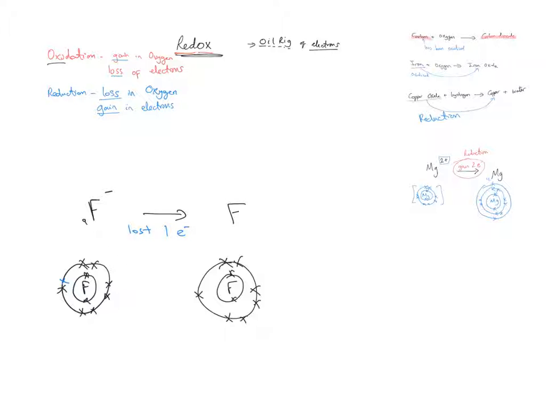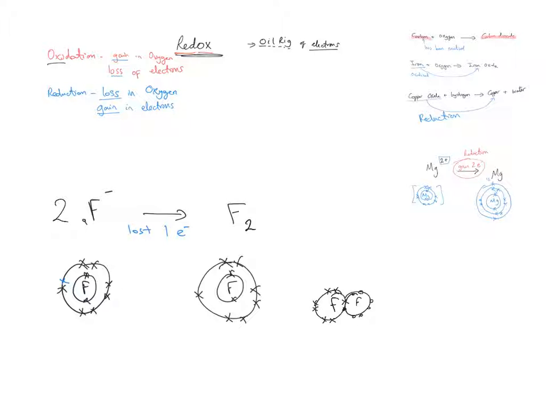Therefore now positives and negatives are balanced, the charges are equal. Now this isn't quite right because fluorine doesn't exist as just fluorine on its own. It exists as a pair, as a covalent bond. So fluorine actually goes around bonded together like this. So for that to happen, this then doesn't really balance, so I would have to put a big 2 there.